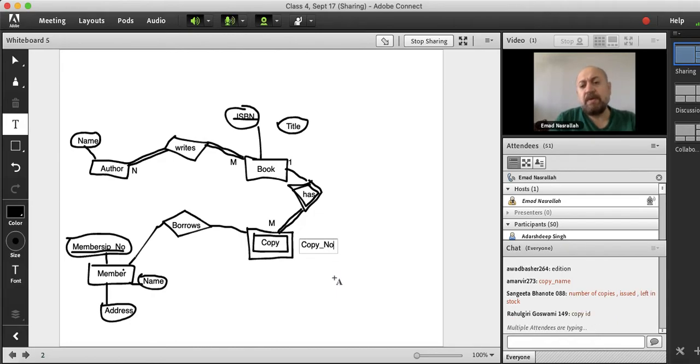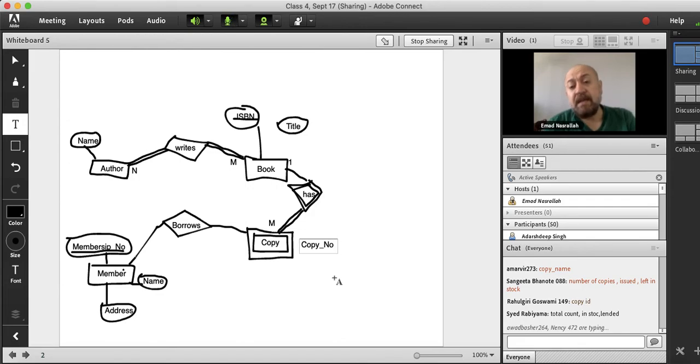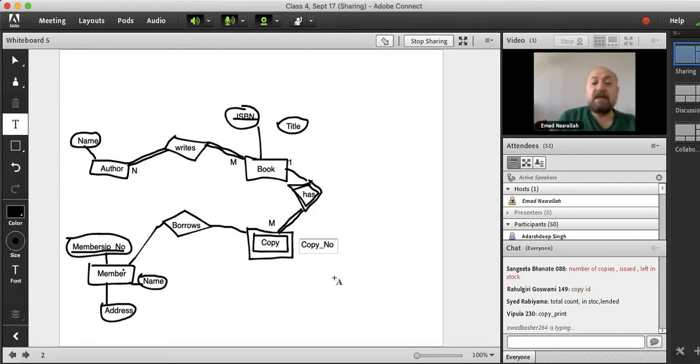No, number of copies is not. Number of copies is for the book, not for the copy.